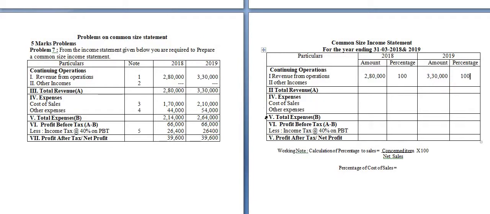Now next one is other incomes, but in the problem there is no information regarding other income, which means that firm doesn't have any other income other than the revenue from operations. So put dash here.